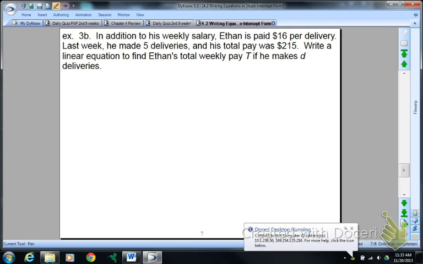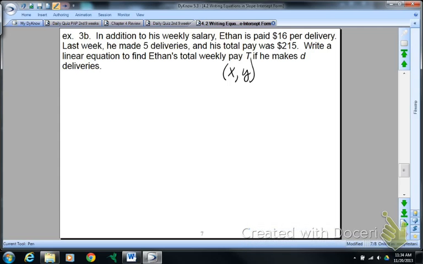We have an ordered pair, X and Y, but instead of X and Y, what's replacing X? D for deliveries, and T is replacing Y for the total pay.